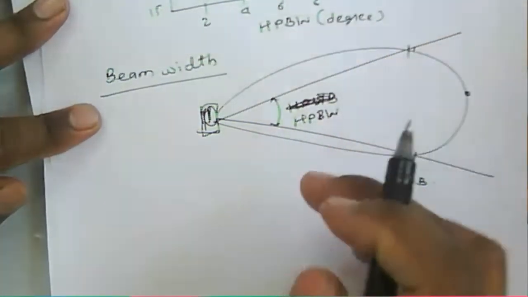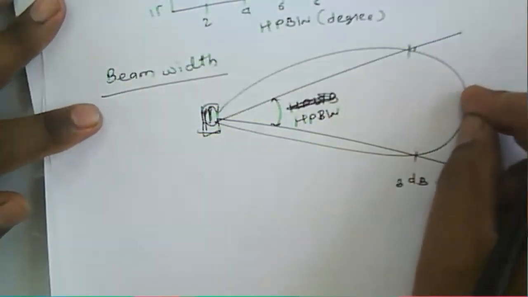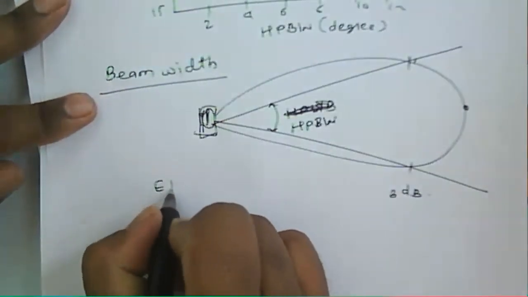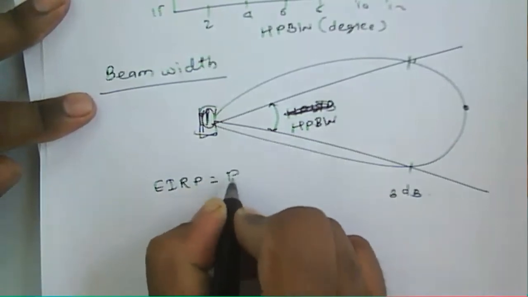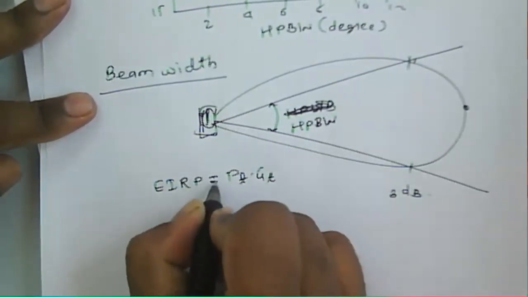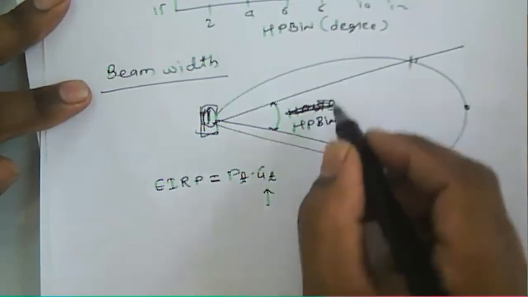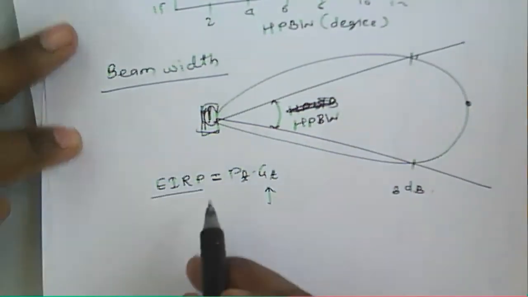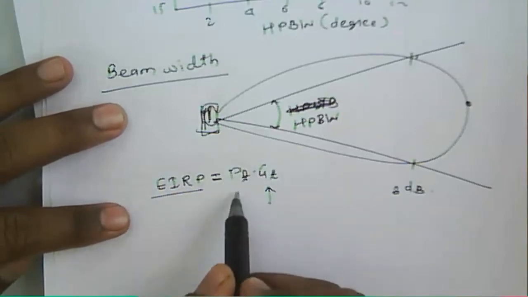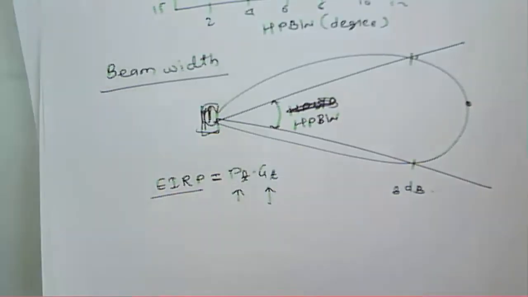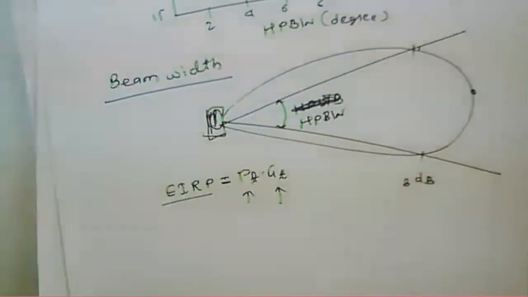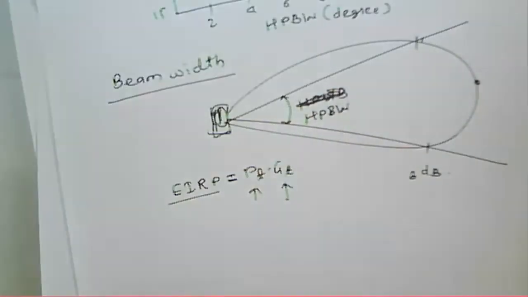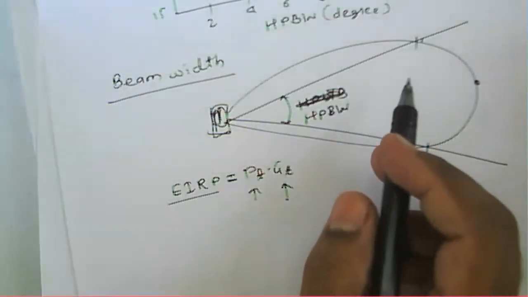If this half power beam width is narrow, the gain will be increased. If the gain is increased, EIRP is equal to PT GT. If it is a narrow beam, the gain increases, so EIRP is increased. So instead of increasing the transmitting power, we can increase the gain of an antenna by creating the narrow beam.